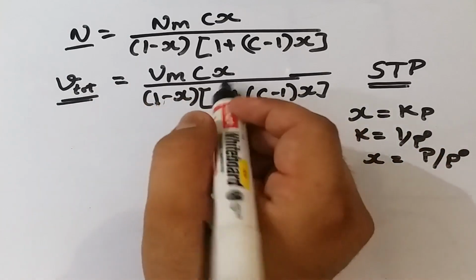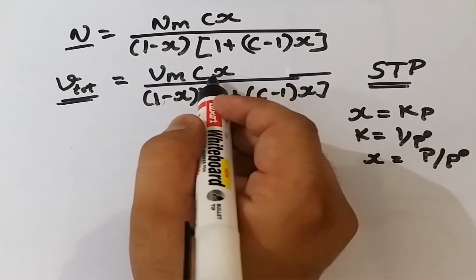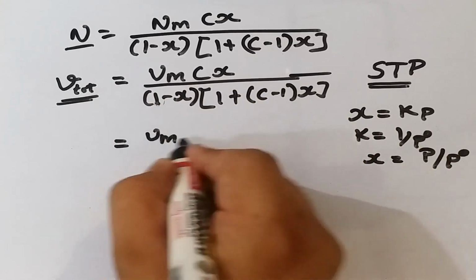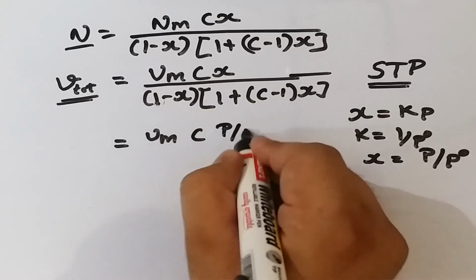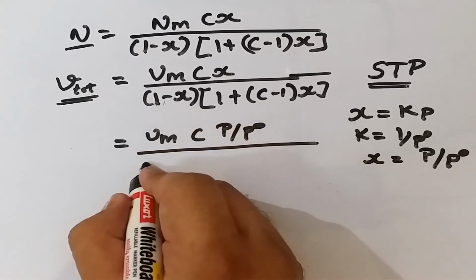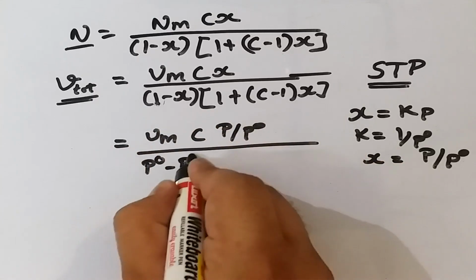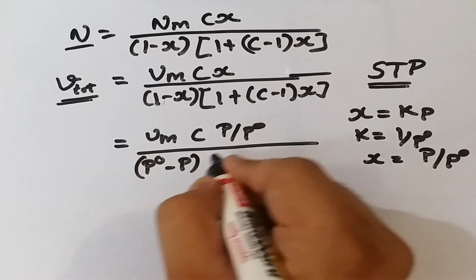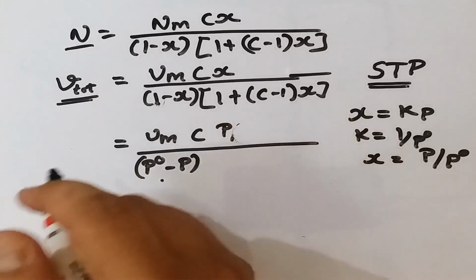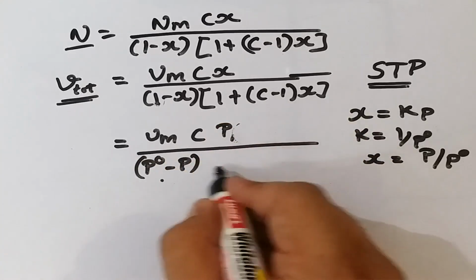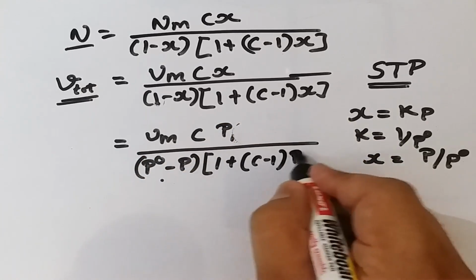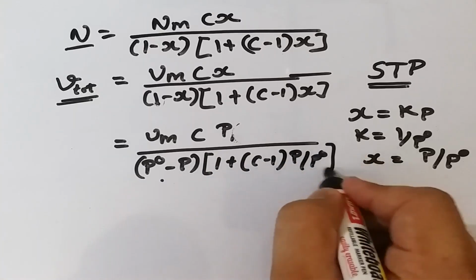So in place of X we can substitute P upon P0, and similarly we will have Vm into C, we will have P upon P0 upon this P upon P0. So I can write directly P0 minus P upon P0. So P0 in the denominator and P0 in the numerator, we can cancel it out directly, into 1 plus C minus 1 P upon P0.